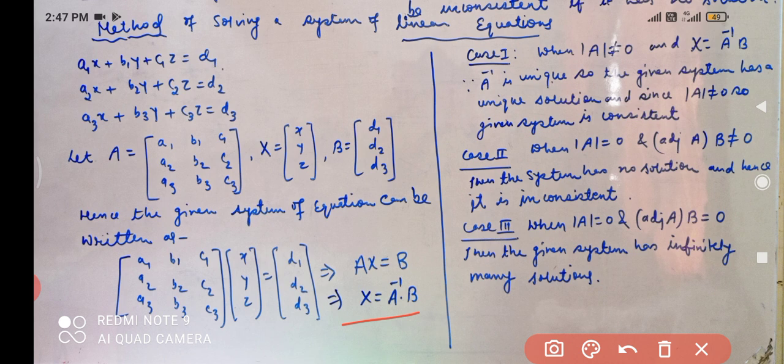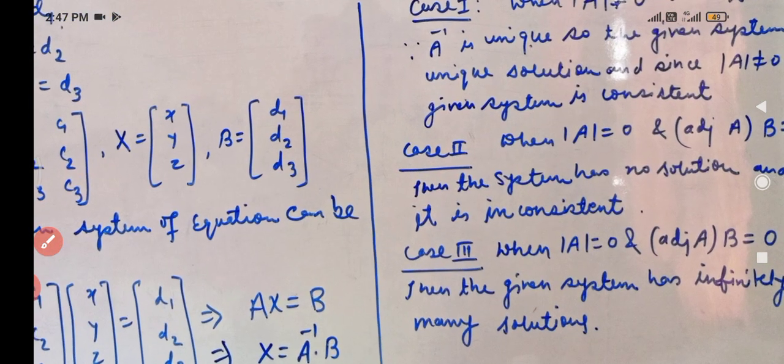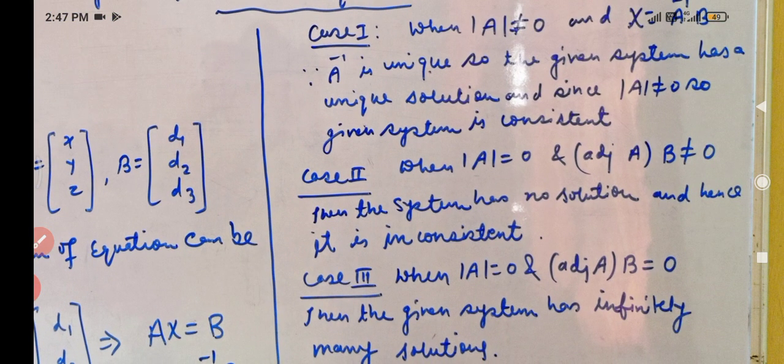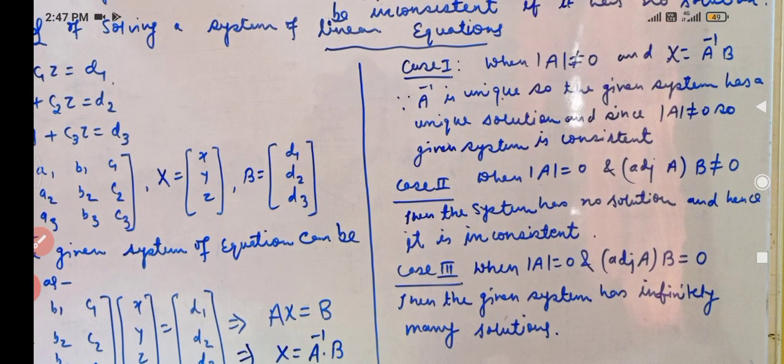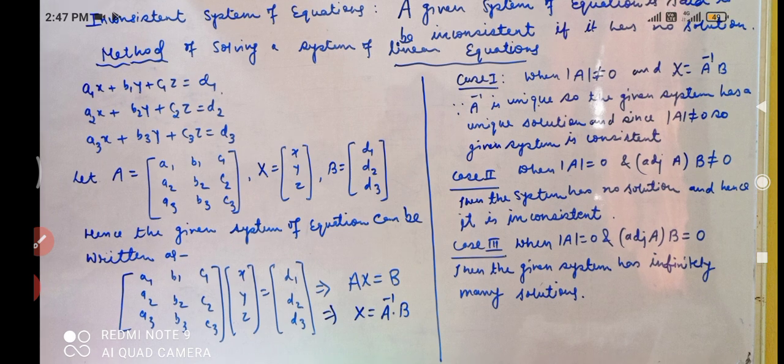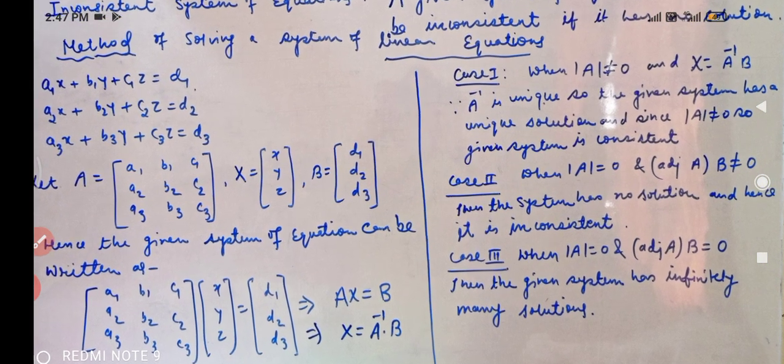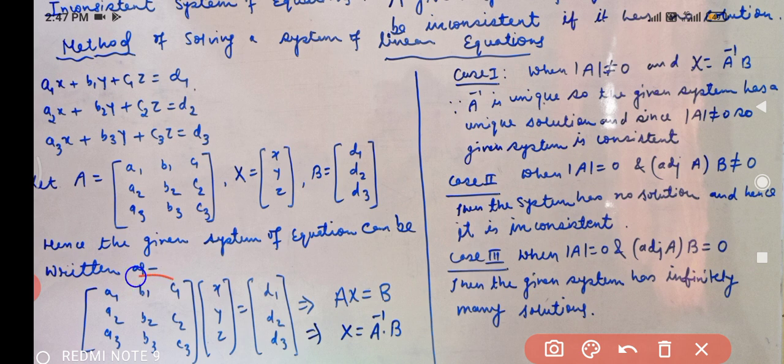Case 1. So what is case 1? Case 1 says that when for the system of linear equations, mod A, the determinant of A, is not equal to 0, and we are finding X equals A inverse B, then since A inverse is unique, the given system has a unique solution, and since mod A is not equal to 0, the given system is consistent.